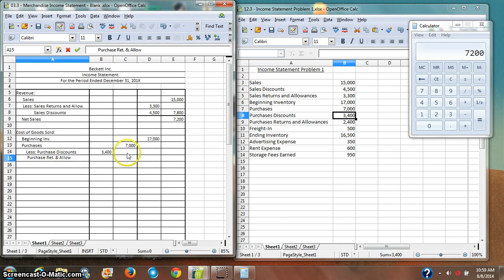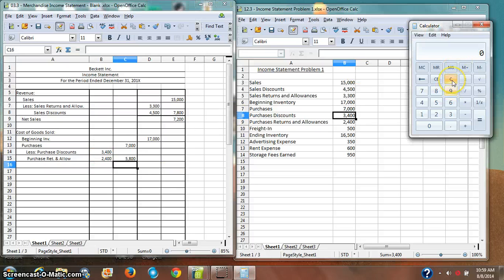It doesn't really matter which order I put these in, which goes first. You can do it either way. So now I've got that purchase returns and allowances of 2,400. And now I'm going to subtotal these two items here. Add these together. It's 5,800. You can see that over here.